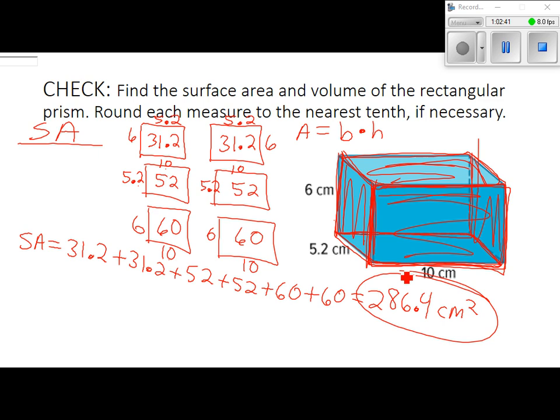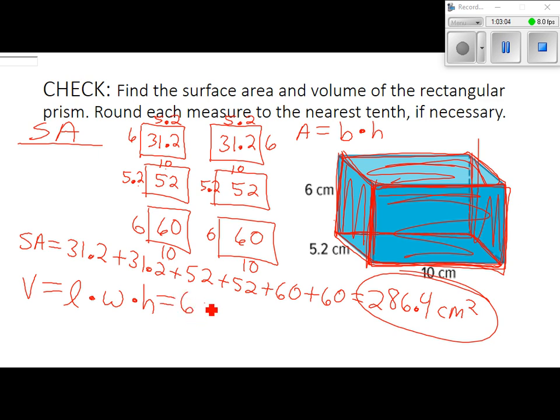For a rectangular prism, I forgot to put this in the notes, I think. That's why I was struggling there for a minute. The volume of a rectangular prism is just length times width times height. You take the 3 measurements and multiply them together.